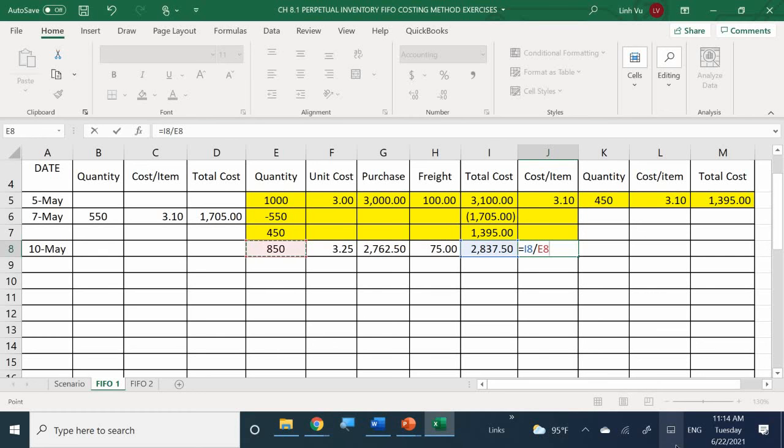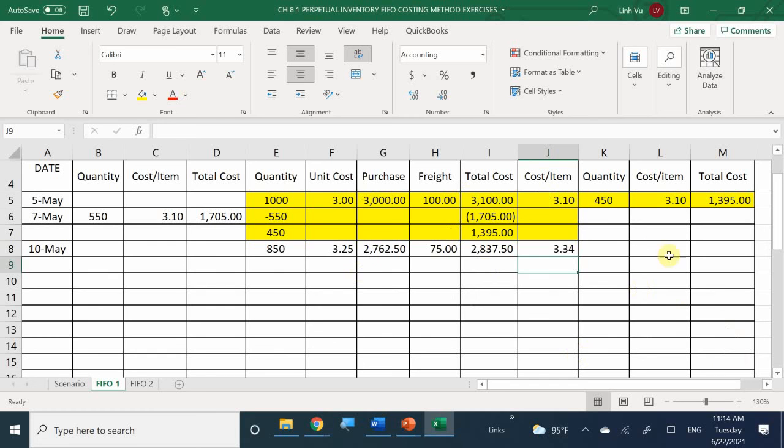2,837.50 from 850. $2.41, I did not get that. I got 241. What am I doing wrong? I'm dividing.